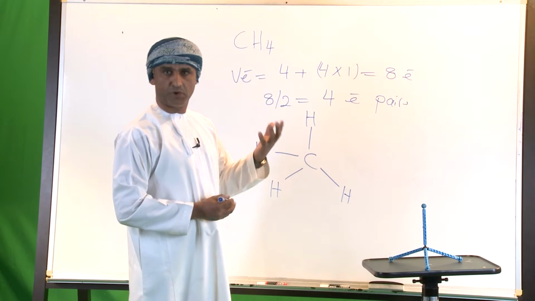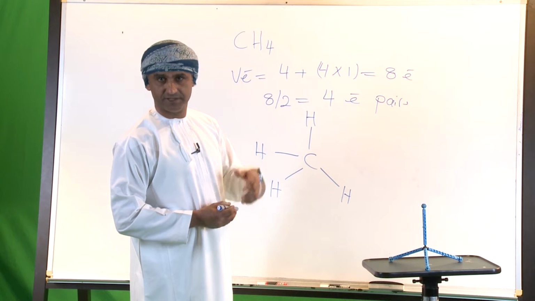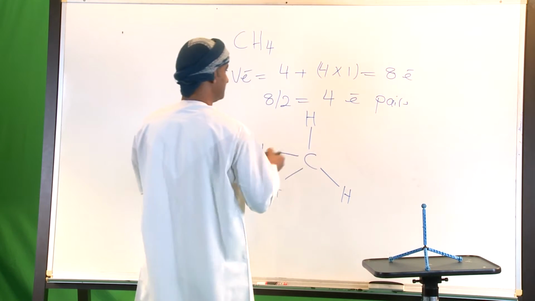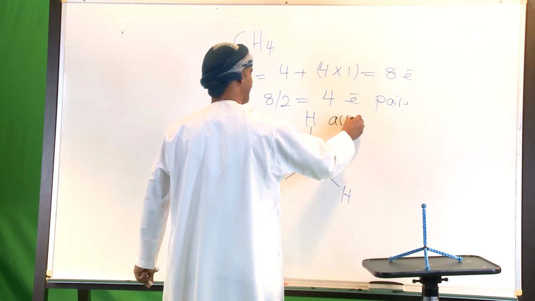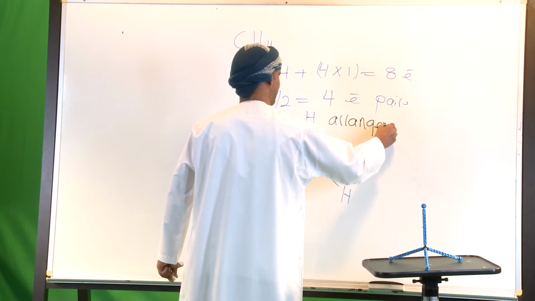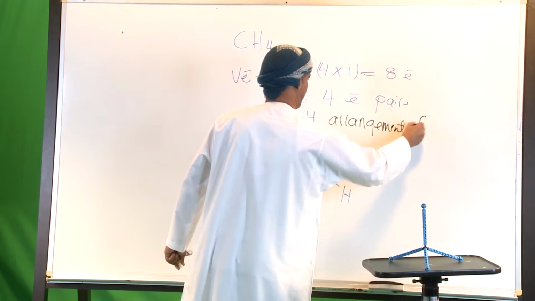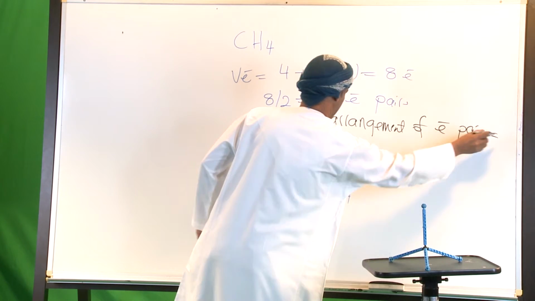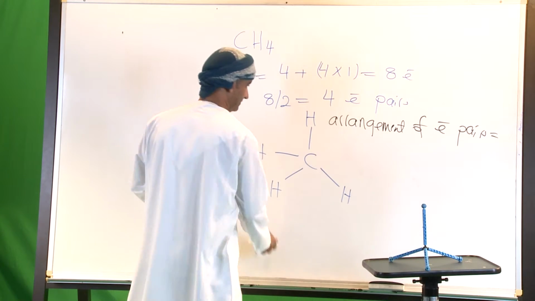What about the overall arrangement of electron pairs and therefore the molecular shape? Now, the overall arrangement of electron pairs is actually tetrahedral.